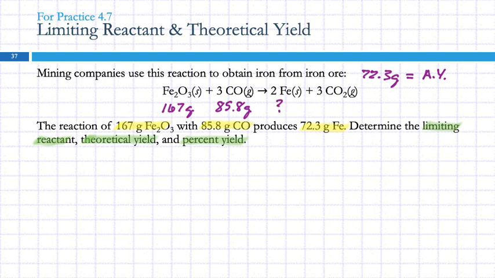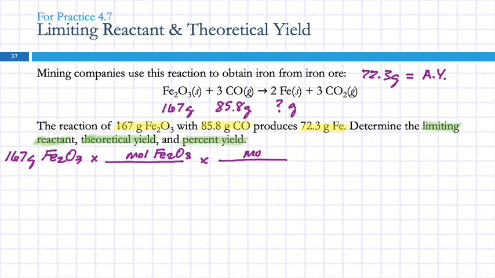So I want to calculate the theoretical yield of iron. So grams to moles to moles to grams, and grams to moles to moles to grams. 167 grams of Fe2O3. I'm going to convert that to moles of Fe2O3. And I'm going to convert that to moles of what the problem is interested in, which is the iron.